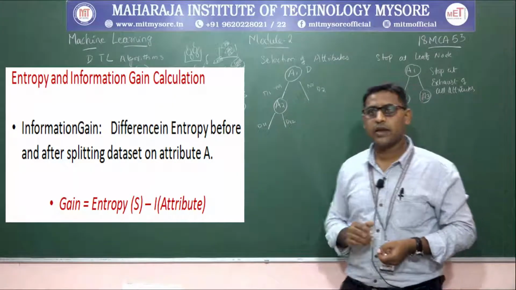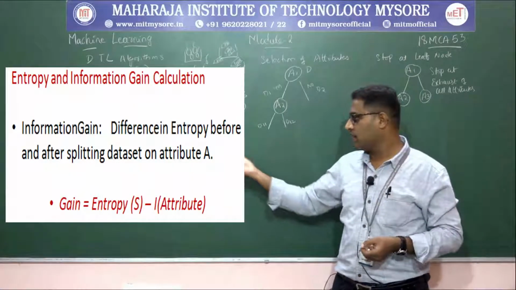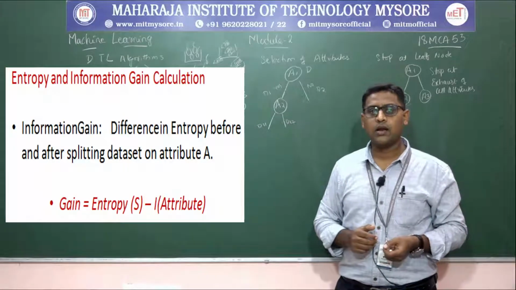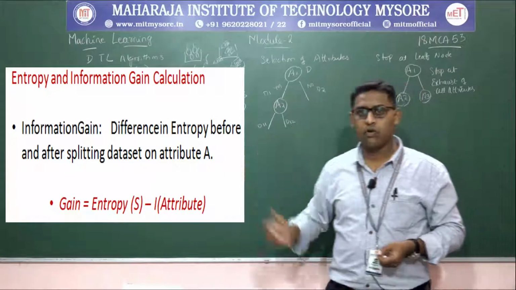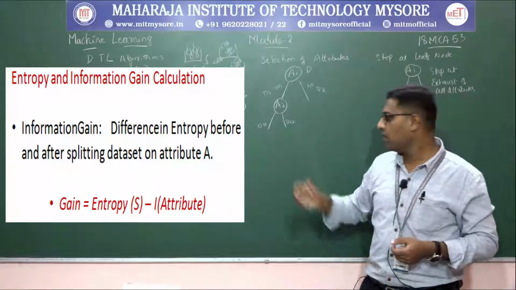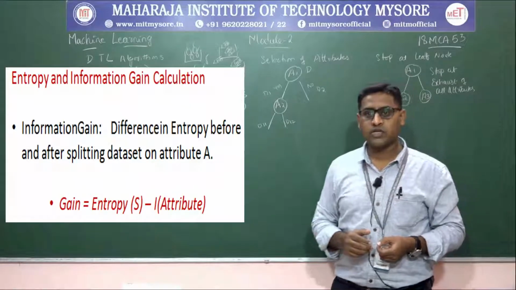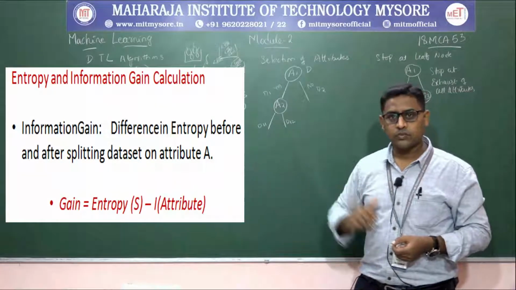Gain is the difference between the entropy before and after splitting the data set on attribute A. That means gain equals entropy S minus information of attribute A.